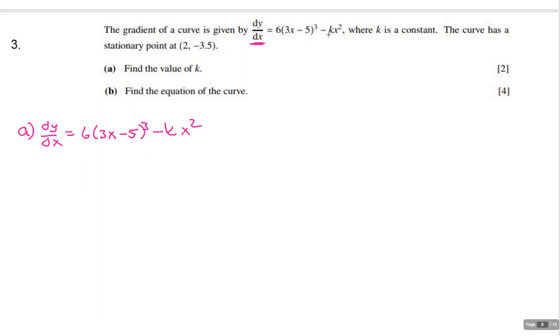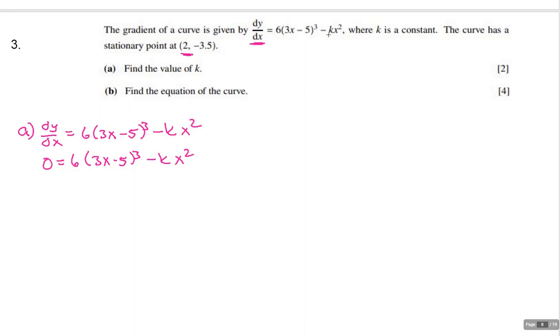So basically, if I knew what k was, it's possible they could say find me the stationary point. Instead, in this case, they're saying here's the stationary point and find k. So what I can do is make this equal to 0, and then substitute in a 2 for all these x's.